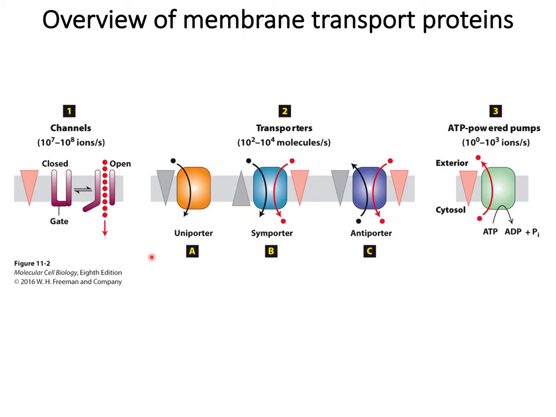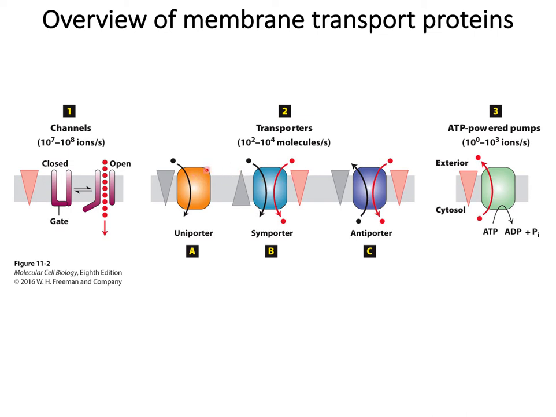The second type are transporter proteins. There are three types, and they also facilitate the movement of specific small molecules or ions. The uniporters are the ones which transport just one type of molecule down its concentration gradient.